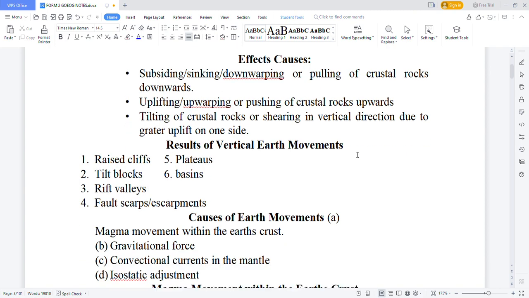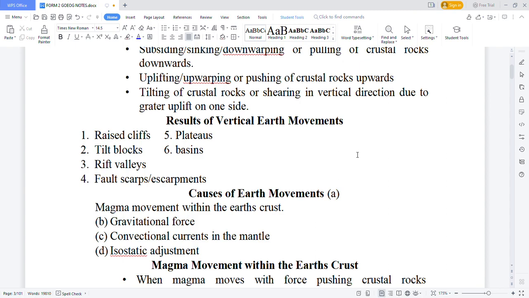Number 3, tilting of crustal rocks or shear in vertical direction due to greater uplift on one side. What are the features resulting from vertical earth movements? Raised cliffs, tilt blocks, rift valleys, fault scarp, also called escarpments, plateaus, basins.